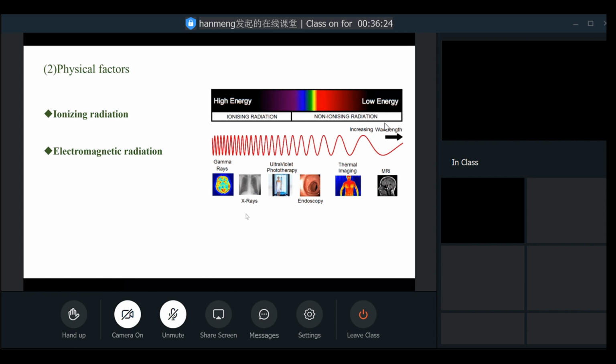The second one is the physical factors, the ion radiation and the electromagnetic radiation. For example, some gamma rays, X-rays, and the CT.